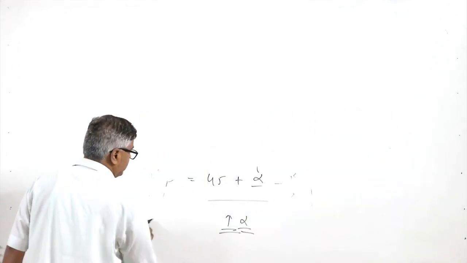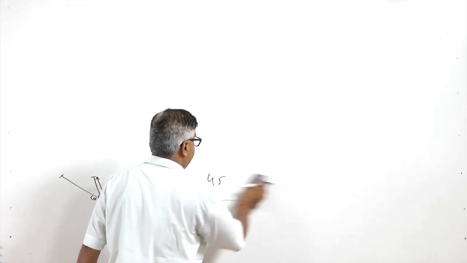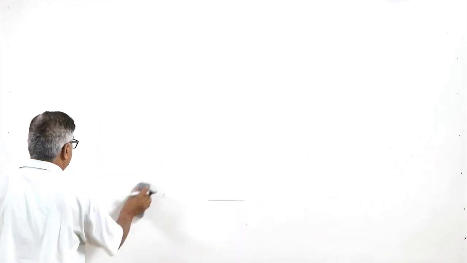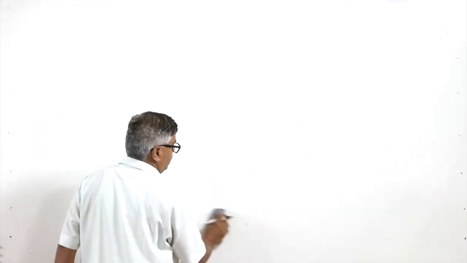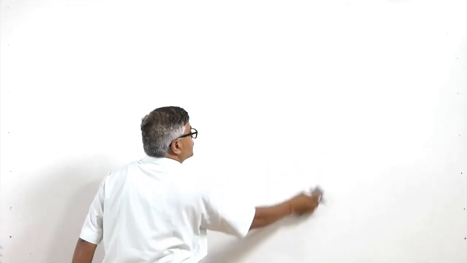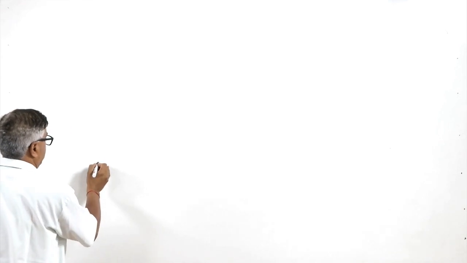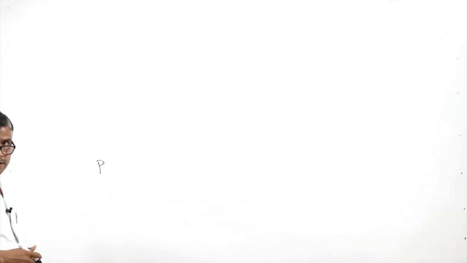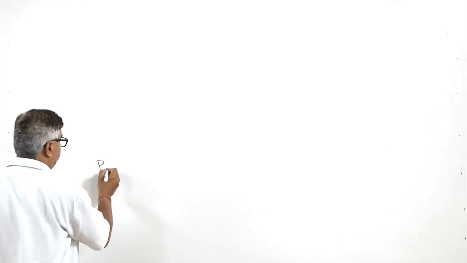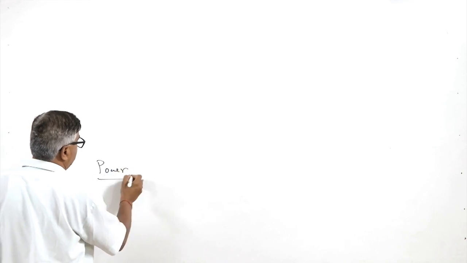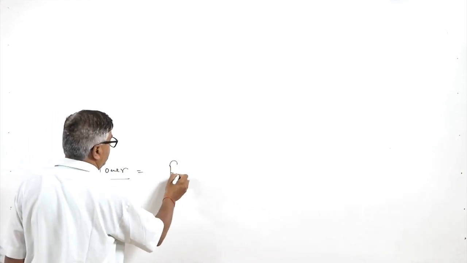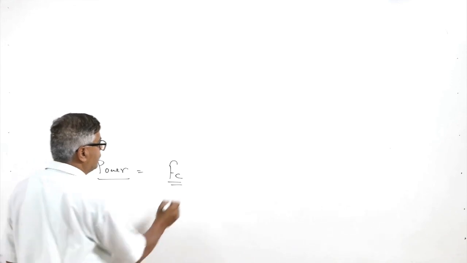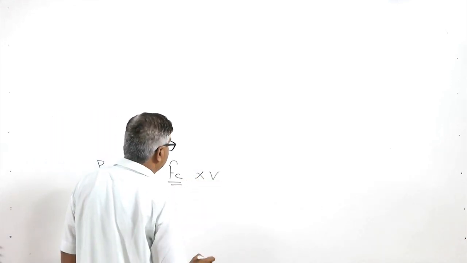In light of the above, we have the cutting force which is required for metal removal, and we have the cutting velocity. So, the power for machining can be obtained from Fc, that is the cutting force, multiplied by the cutting velocity.